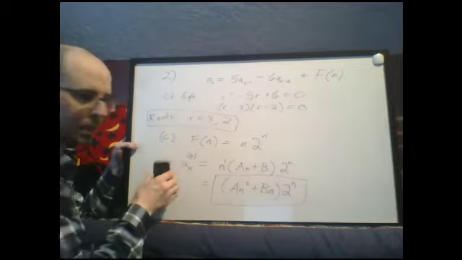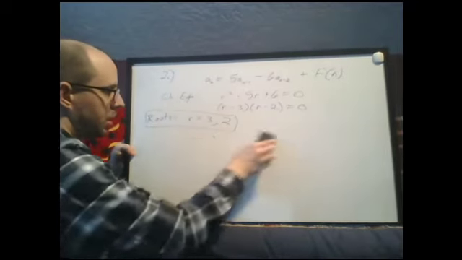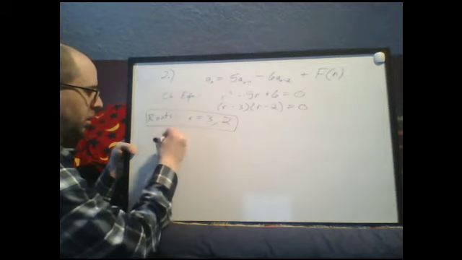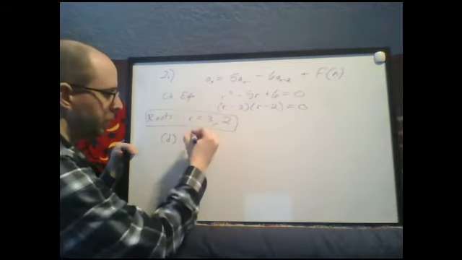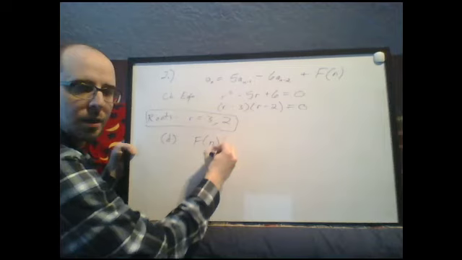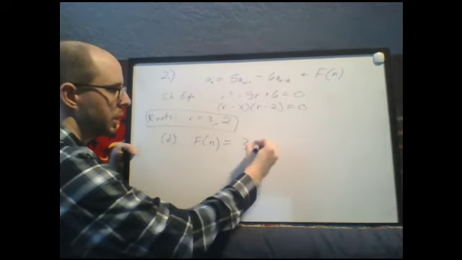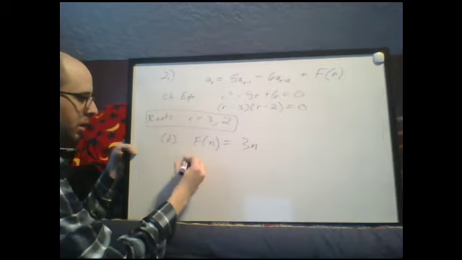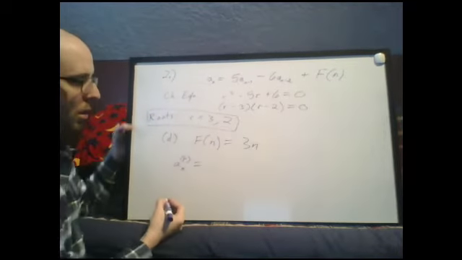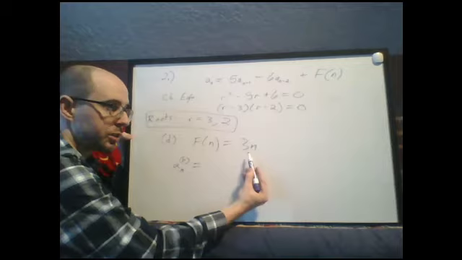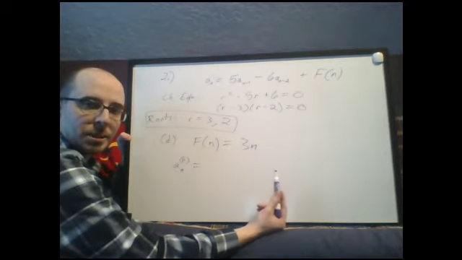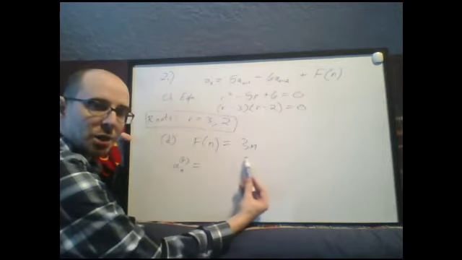All right, one more of these. D is f of n equals 3n. So APN, again, we have to first break this up as a polynomial times an exponential part. There is no exponential part.